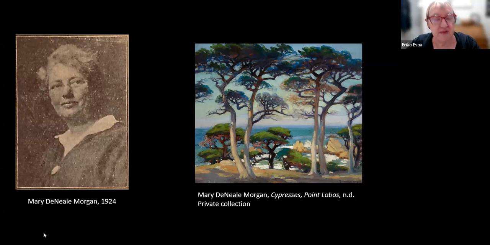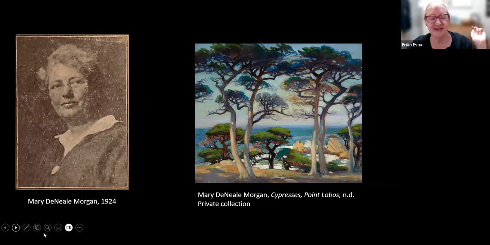So she was an unusual one in that Morgan really contributed to the administration of all of the cultural groups in Carmel. As we saw last week, she was director of the Carmel Art School in the 1920s as well.